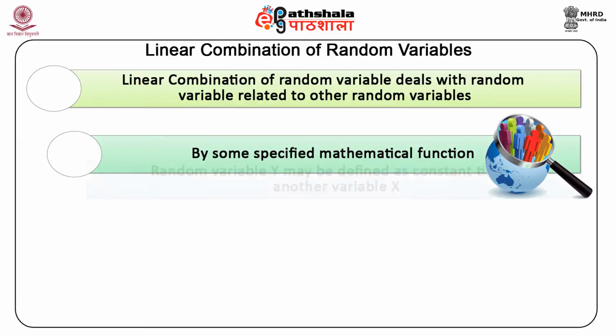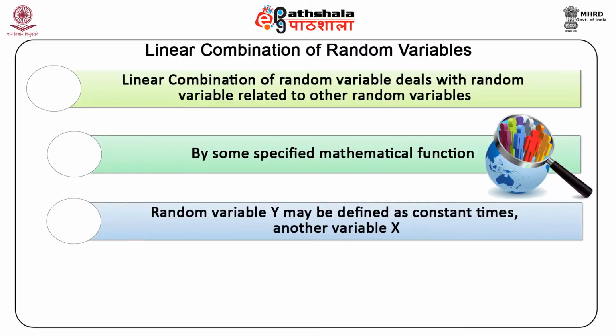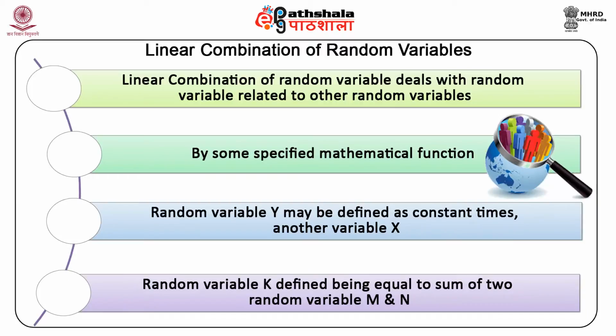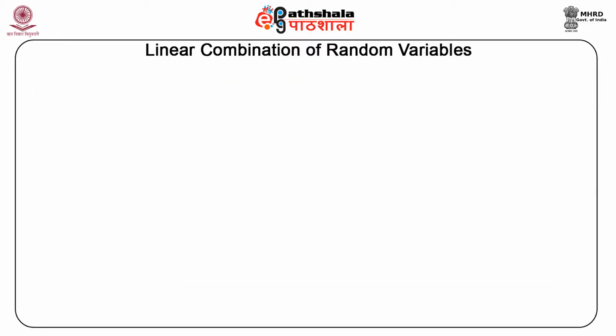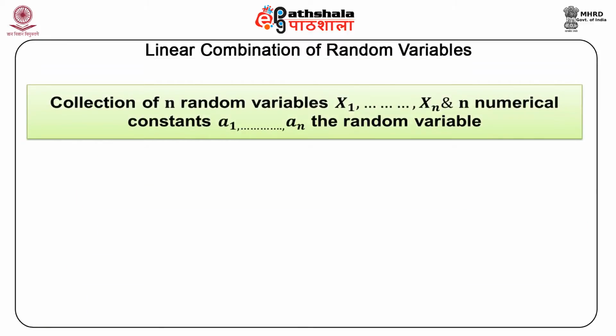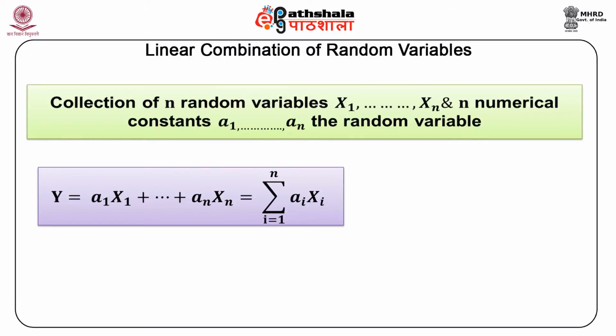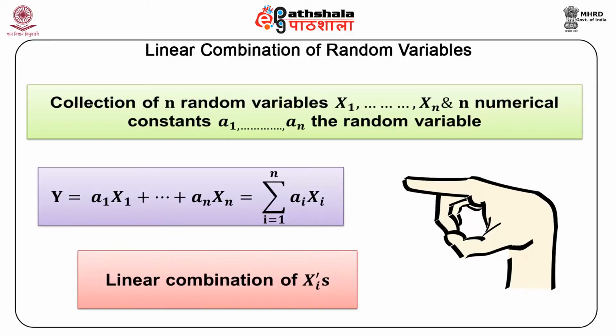For instance, a random variable y may be defined as a constant times another variable x, or a random variable k may be defined as being equal to the sum of two random variables m and n, etc. Given a collection of n random variables x1 to xn and n numerical constants a1 to an, the random variable y is equal to a1 x1 plus continuing to an xn, which is equal to the sum over i from 1 to n of ai xi, is called the linear combination of the xi's.